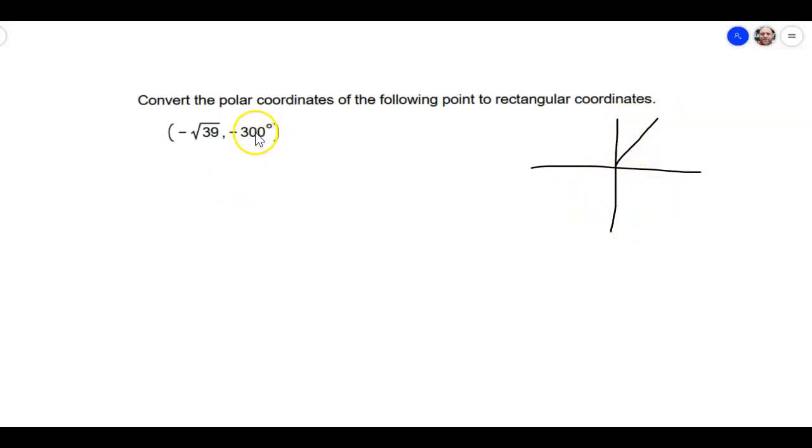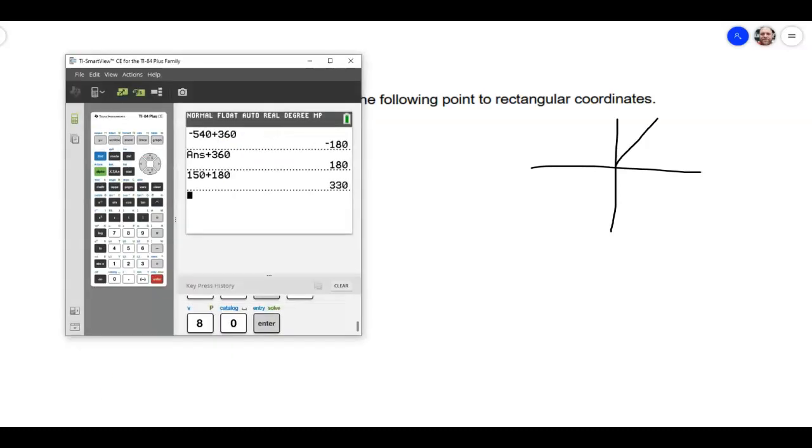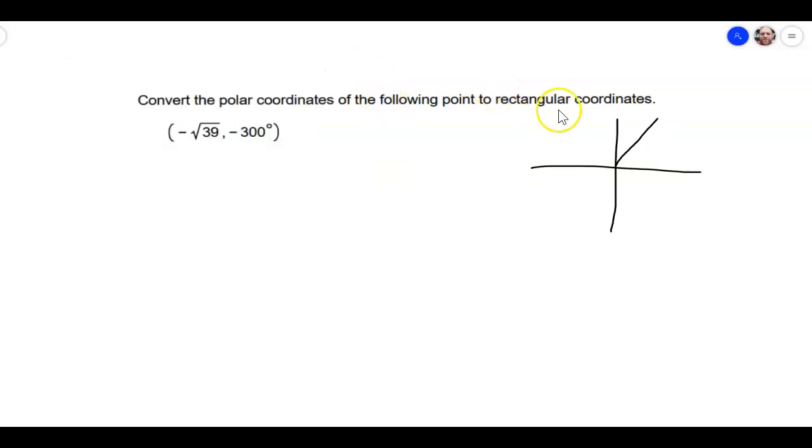We could also just add 360 to that. So negative 300 plus 360. Remember, using coterminal angles, that's the same as the 60-degree angle. So it's this angle right here.